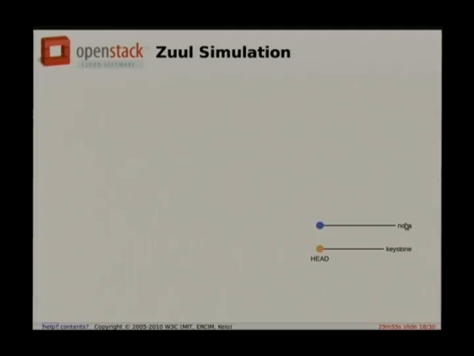So in this, we've got two projects. We've got Nova and Keystone, and these little dots represent the commits on the head of the repository. You can think of this like the little subway map in GitK or whatever. Here's the head of these two projects, and then say a developer or developers go into Gerrit, do a bunch of code reviews, and say, yeah, these changes are all ready to merge.